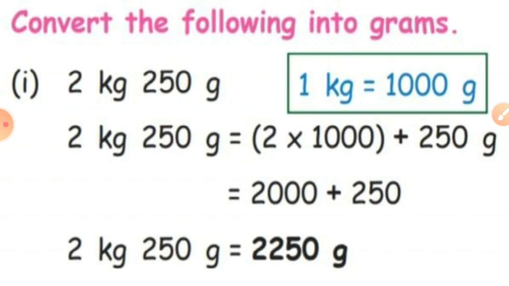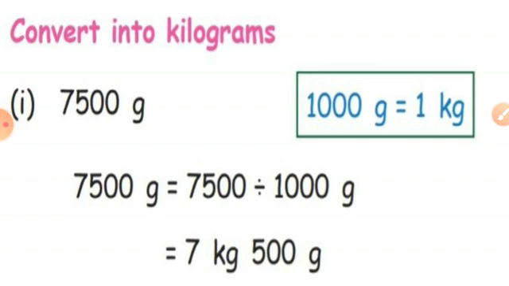Next, 2 into 1000, you will get 2000 plus 250. When you add this, you will get 2250. So what's the answer? 2 kilogram, 250 gram, which is equal to 2250 gram.